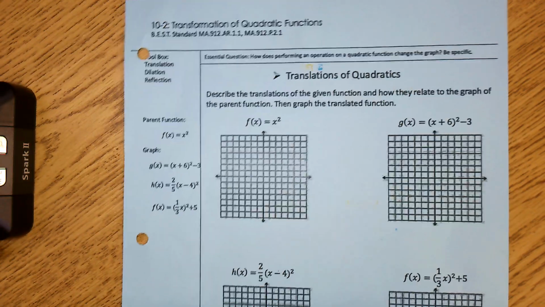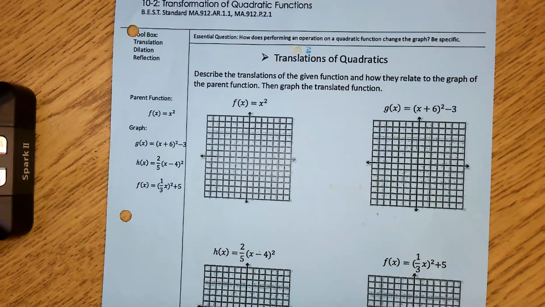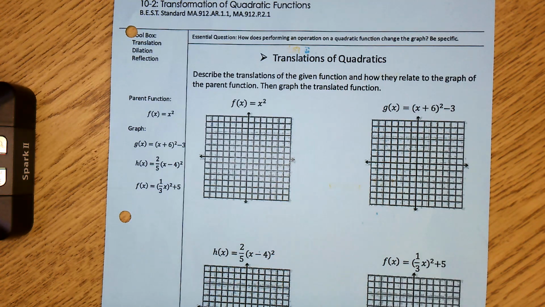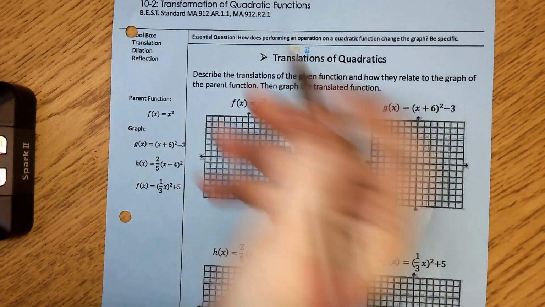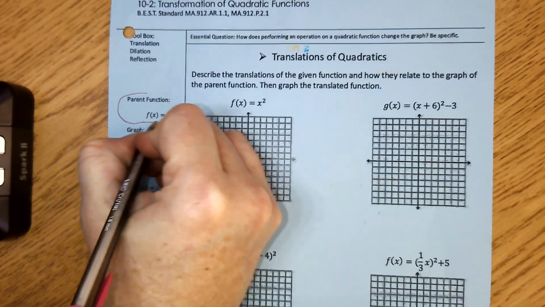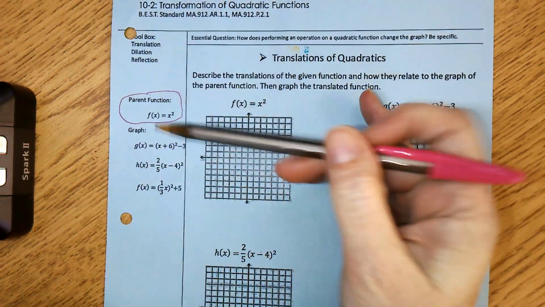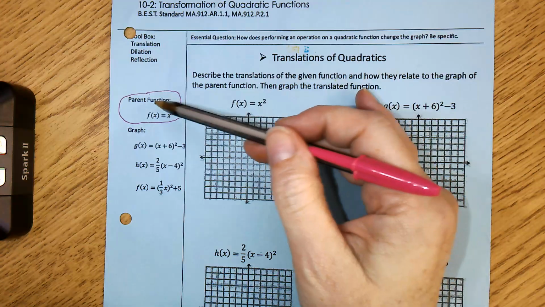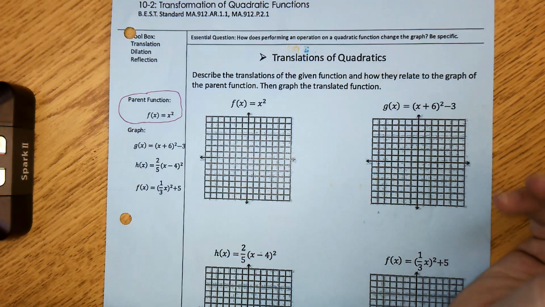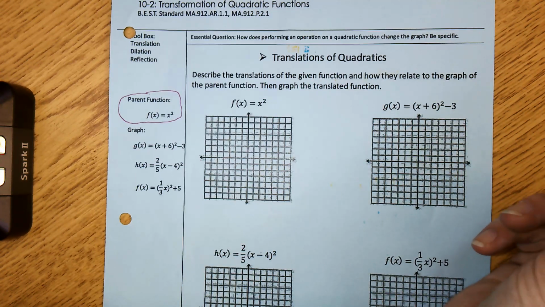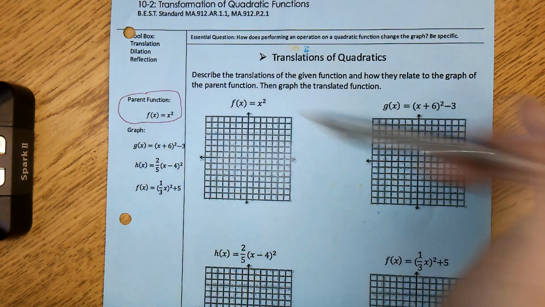Now, the most basic parent function is f of x equals x squared, all right? And then all of these are based off of this parent function. So we are going to draw our parabola.